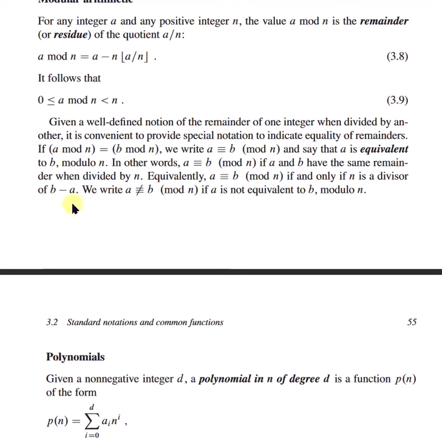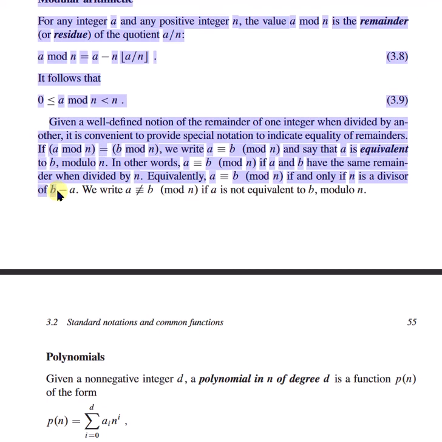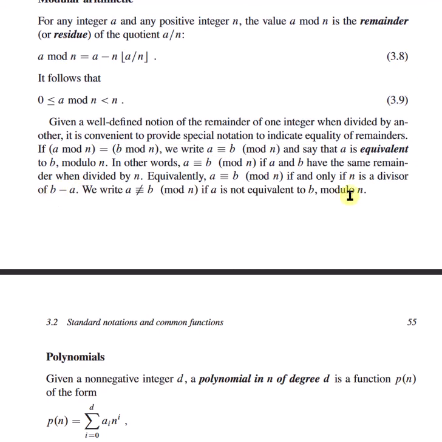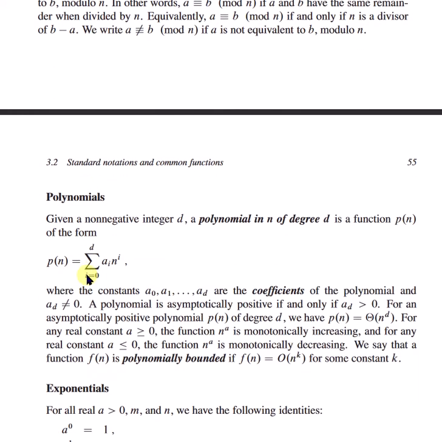And what they are trying to tell us is, if the remainder after dividing is the same, the difference should be divisible without remainder by n. So 38 minus 35 is 3, which is divisible by 3.